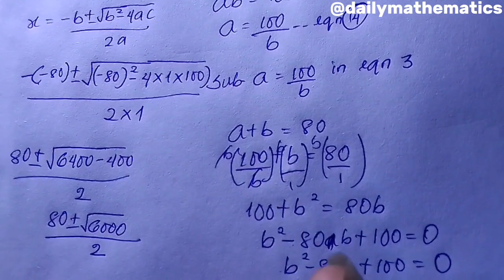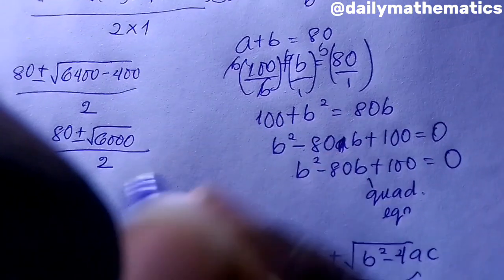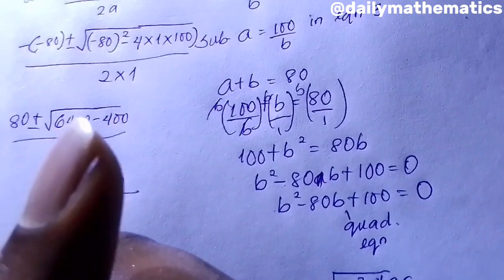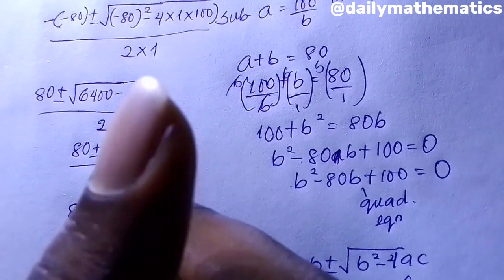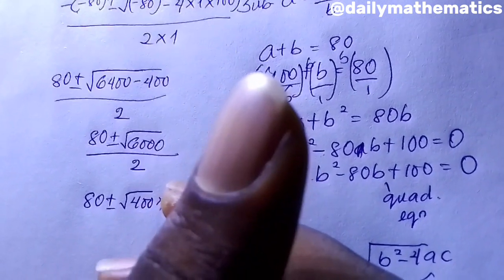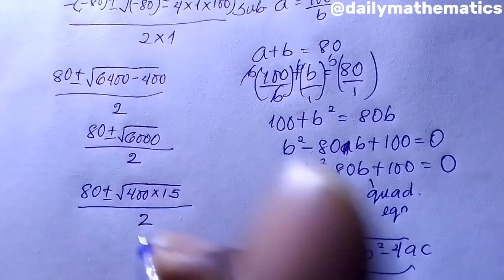So from here we can see 6,000, we have root 6,000. So root 6,000 is 400 times 15, right? So we have 80 plus or minus root 6,000, which is 400 times 15, over 2.